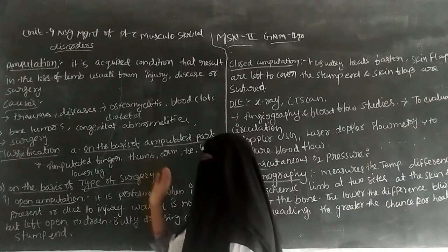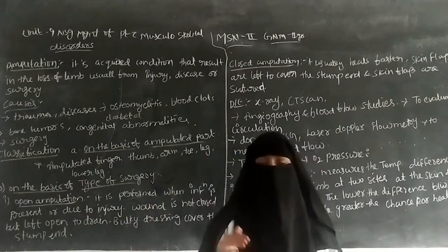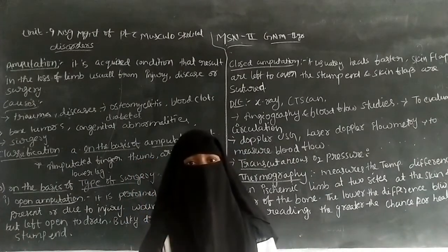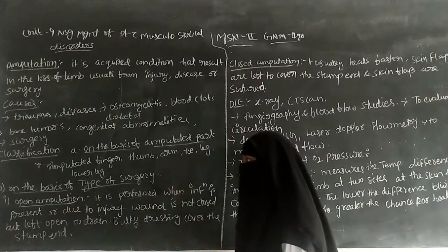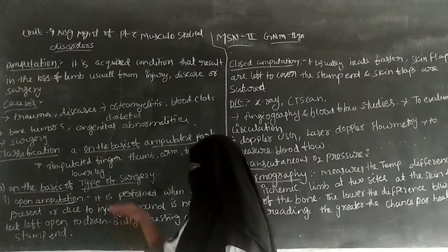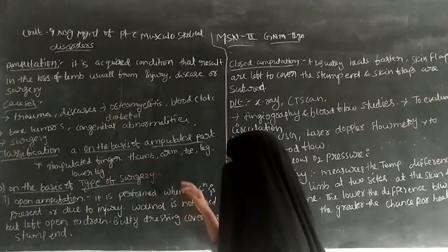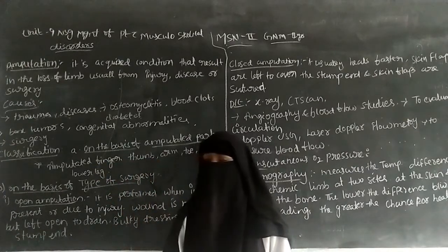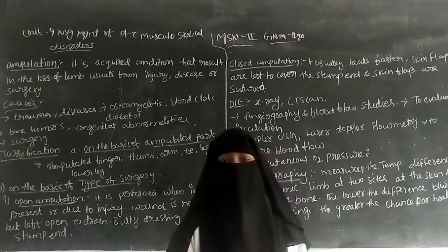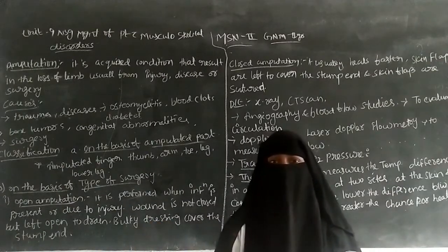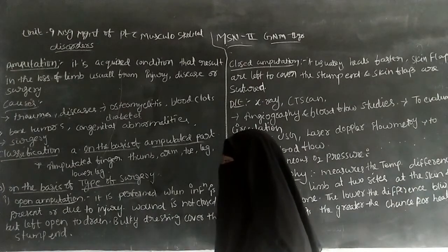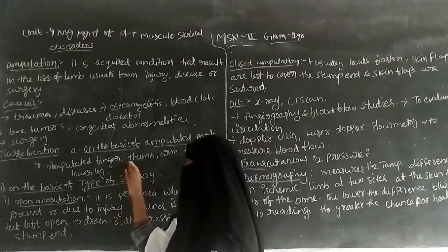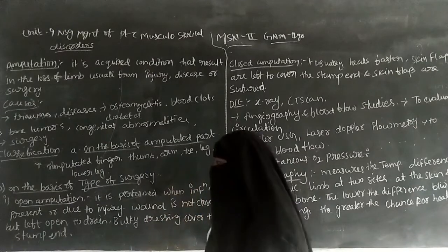And next one is amputated thumb. If any injury or infection occurs to the thumb, it can be removed by amputation. And amputated arm. In the amputated arm, if any infection or fracture has occurred, it can be removed by amputation. And next toe.